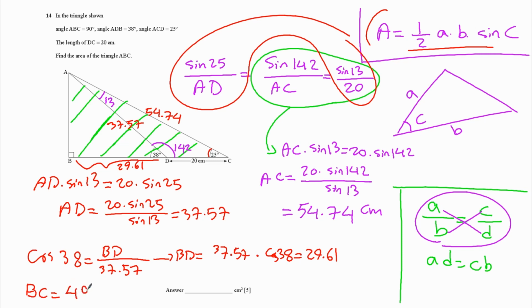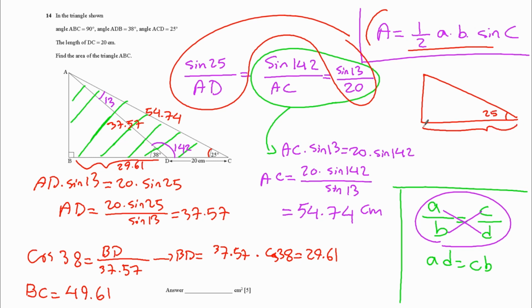So I'm just going to simplify it on the side here so that we can exactly see what we are doing. What we now have is a triangle, which is ABC. This side is 25. The total of that is 49.61. And that is 54.74.